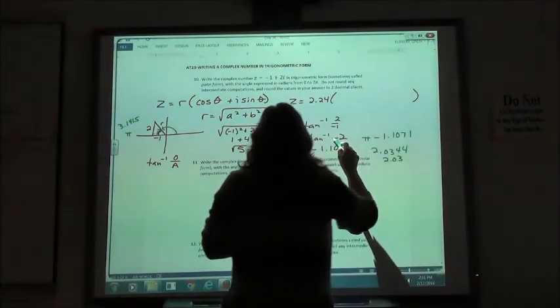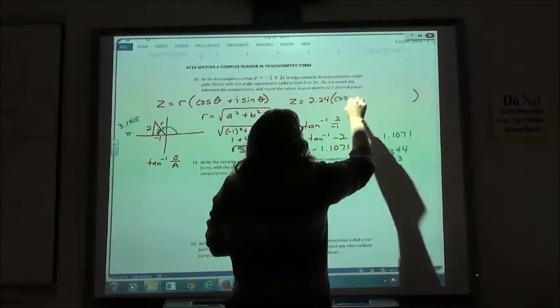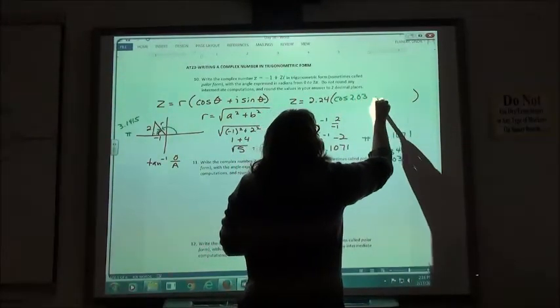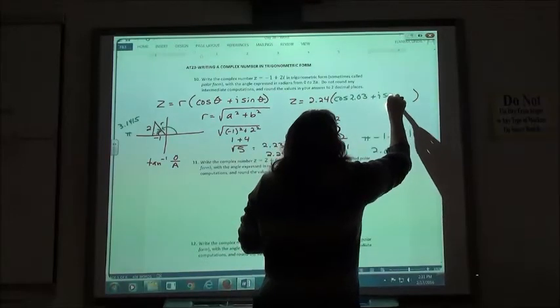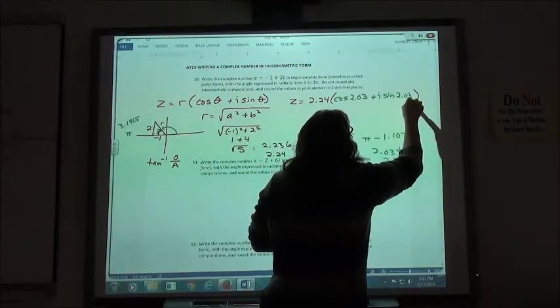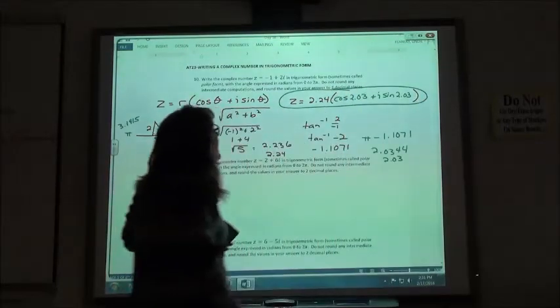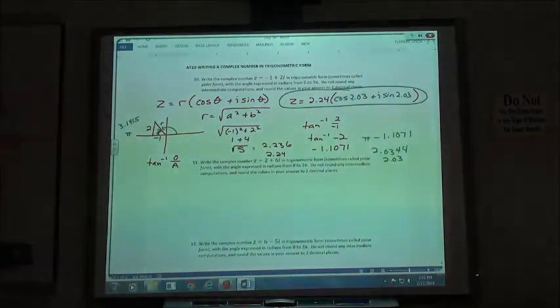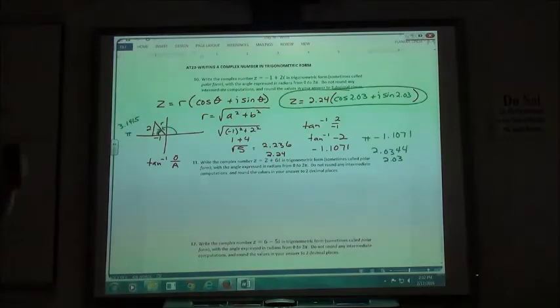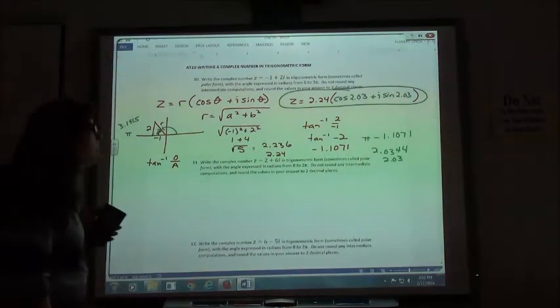So I'm going to have cosine of 2.03 plus i sine of 2.03. And that's how my answer is going to look in polar form or trigonometric form instead of in complex number form or imaginary number form.